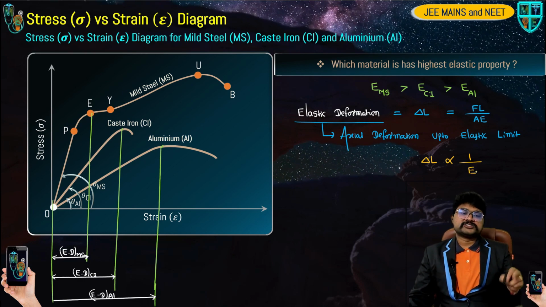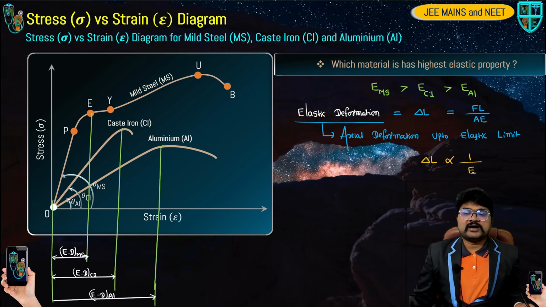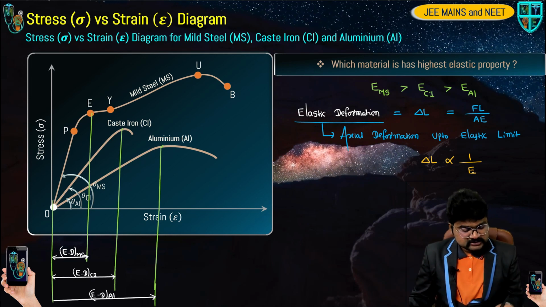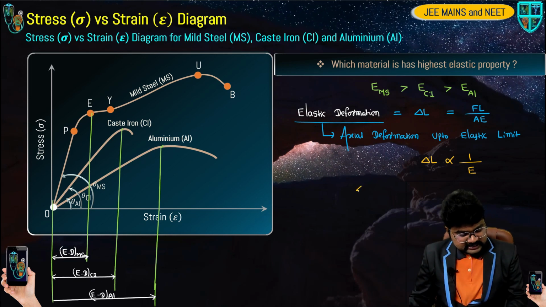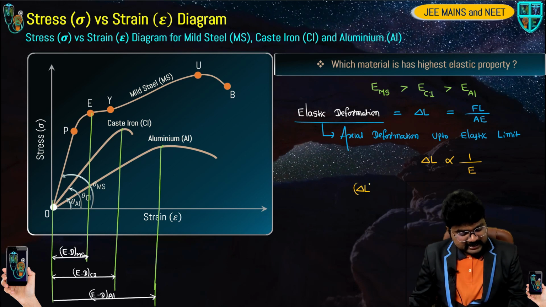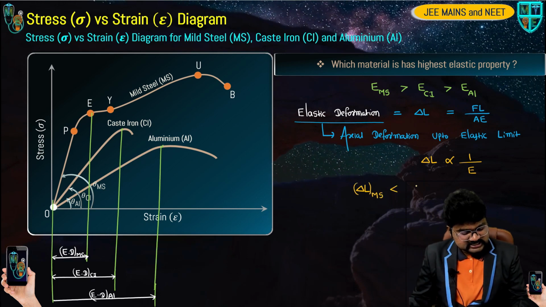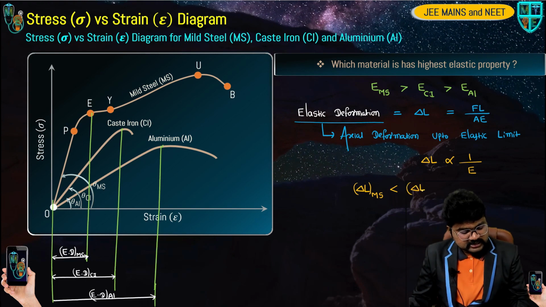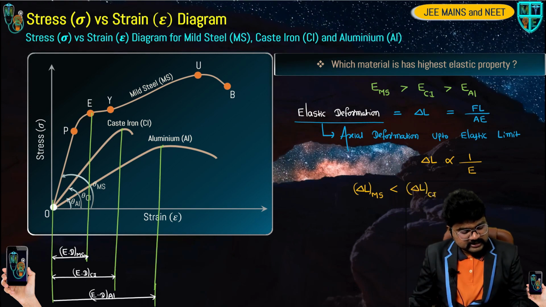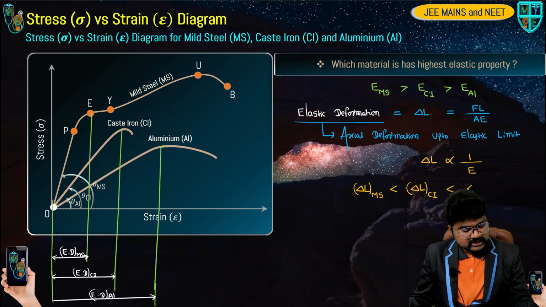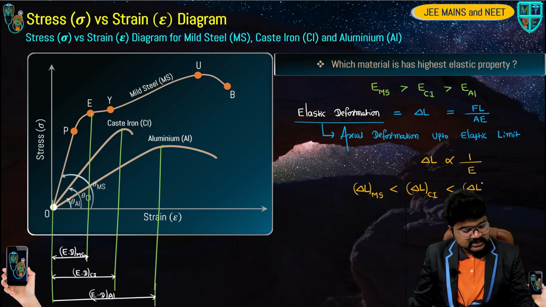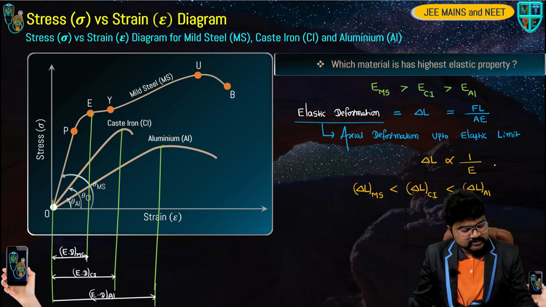Higher the Young's modulus, lesser will be the elastic deformation. So you can say delta L mild steel is less than delta L cast iron, and delta L cast iron is less than delta L aluminium.